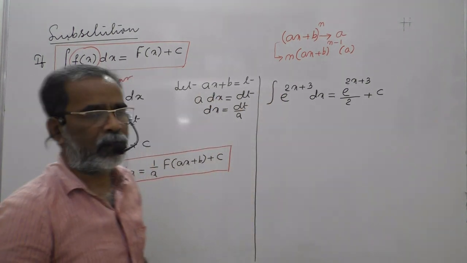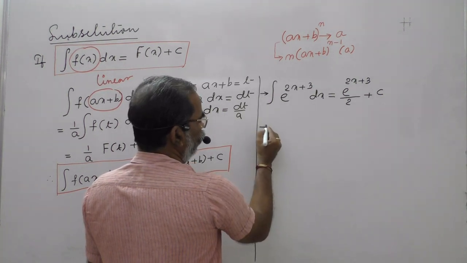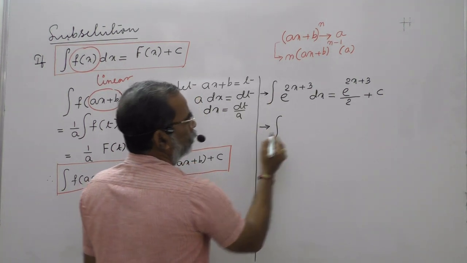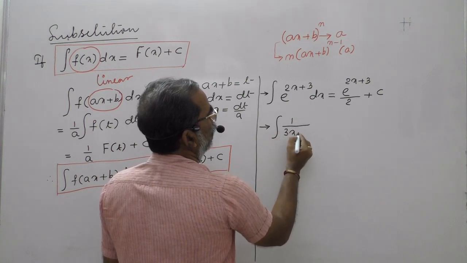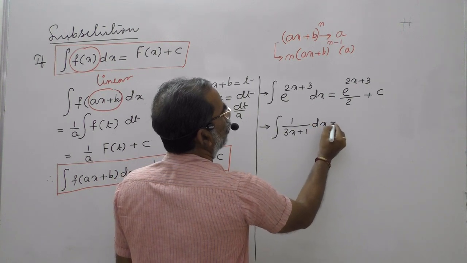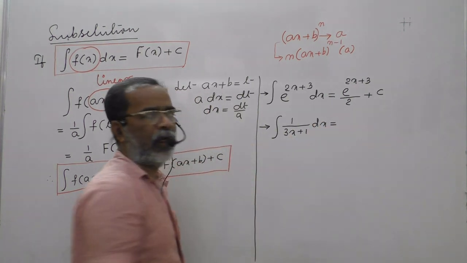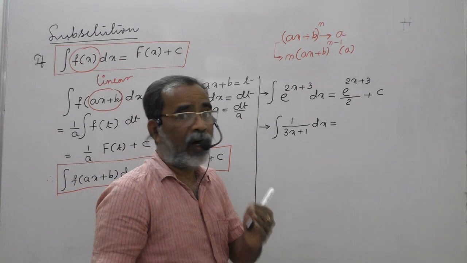Okay, this is the procedure. We will see another example. Integral 1 divided by 3x plus 1 into dx. What is this? This is a linear factor again. So it is similar to 1 by x.